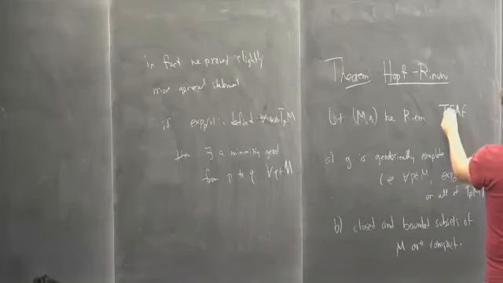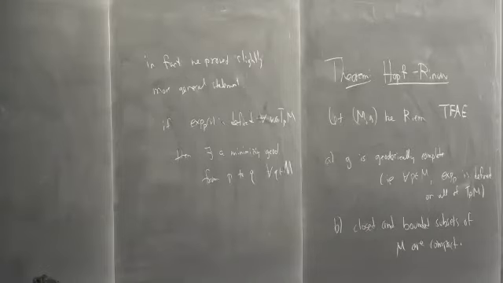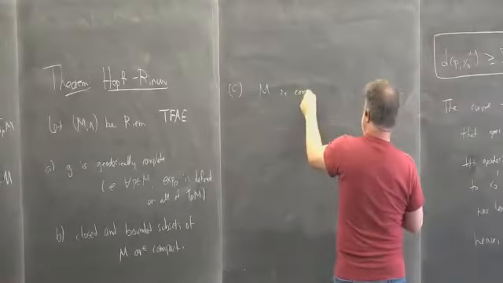C says, what have you written after let (M, g) be Riemannian? The following, TFAE, means the following are equivalent. Thank you. C: M is complete as a metric space.